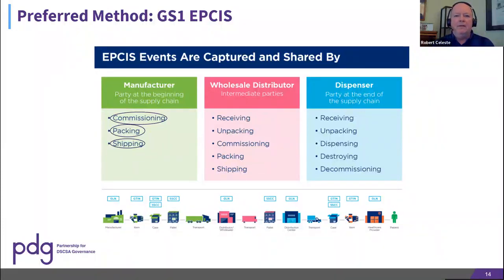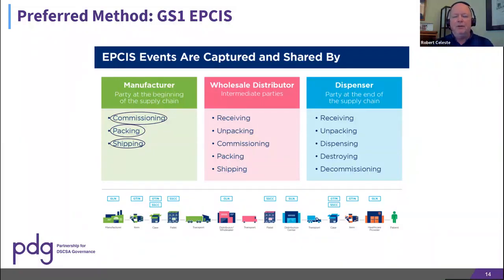Then, as you pack those cases with packages, that packaging hierarchy is helpful and needed by trading partners. And lastly, the shipping event, which is the event that actually moves the product from one owner to another. Using those 3 events, we're able to apply TI data and move it through the supply chain. So those are the three events that we're using within EPCIS.